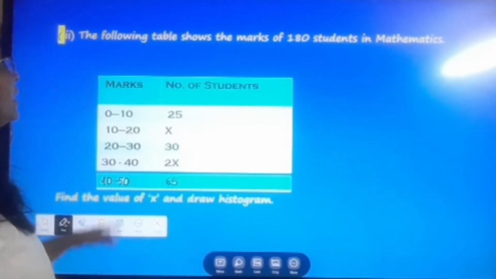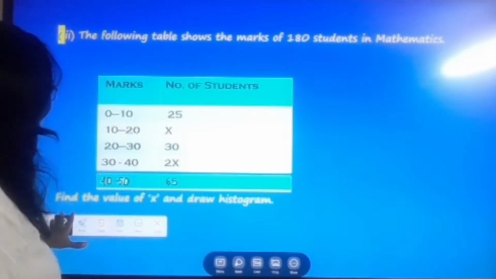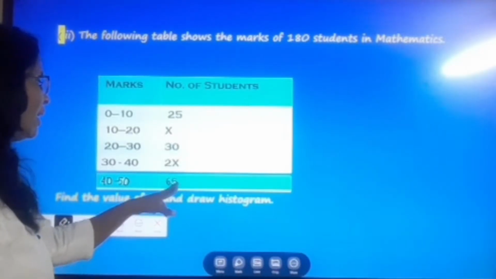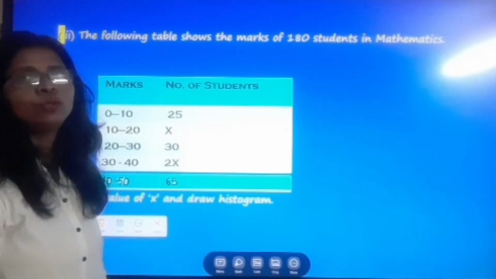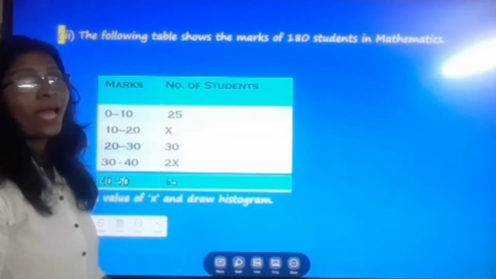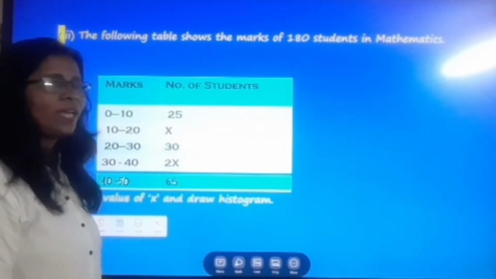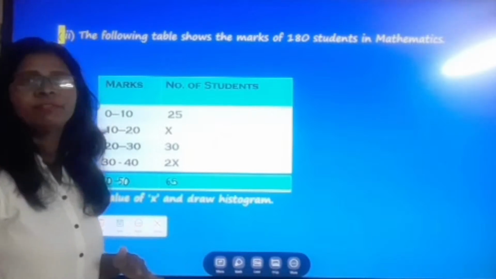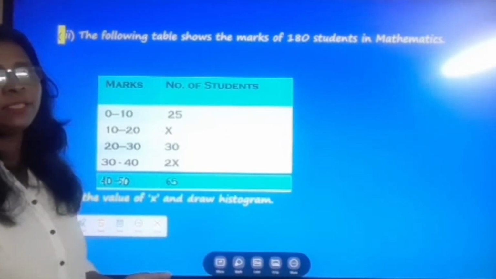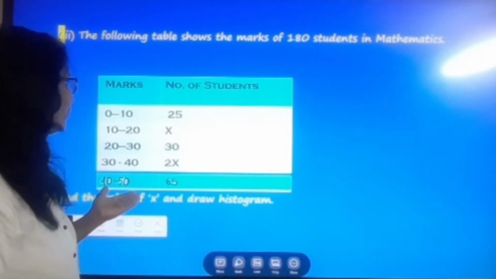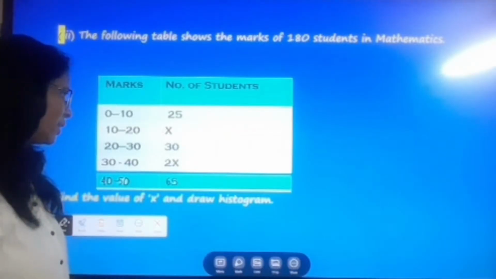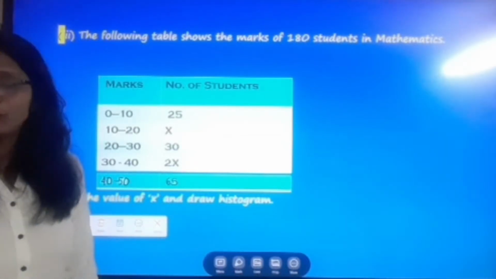So now with the help of this table we have to find out the value of x as well as draw the histogram. Once we find the value of x, then we can draw the histogram, otherwise not. So first we have to find the value of x. So how can we find the value of x?